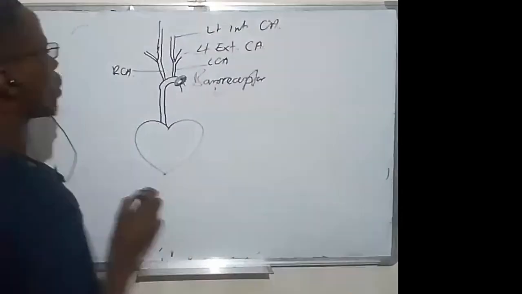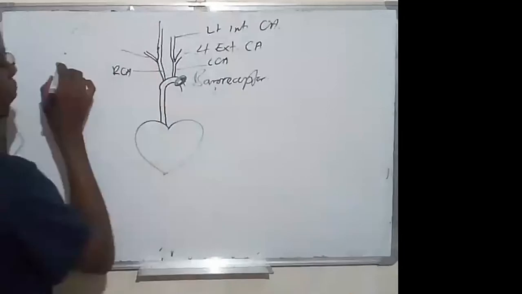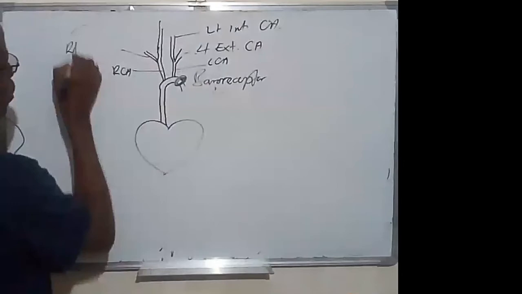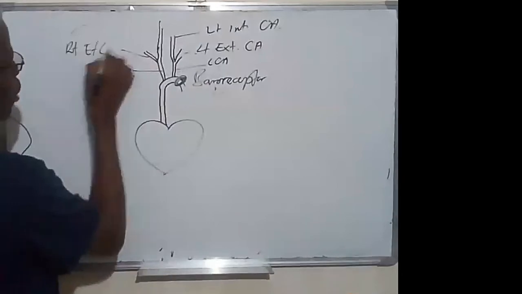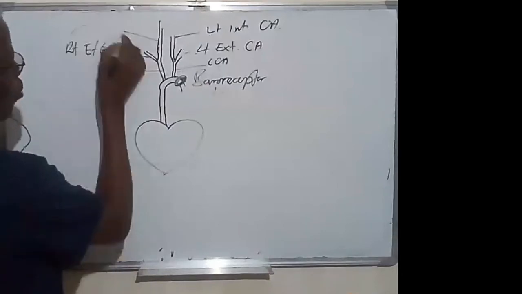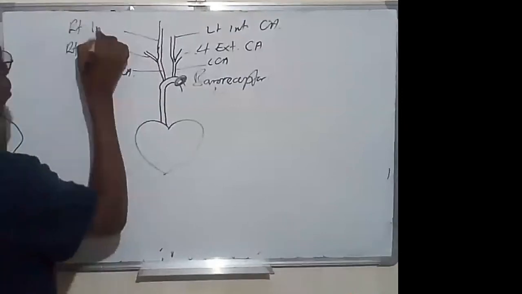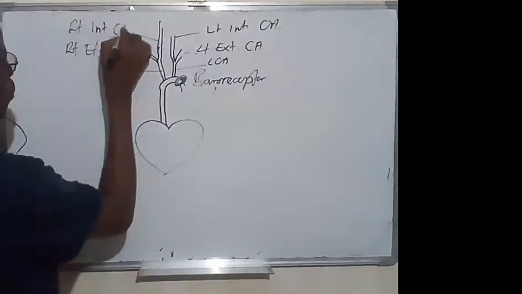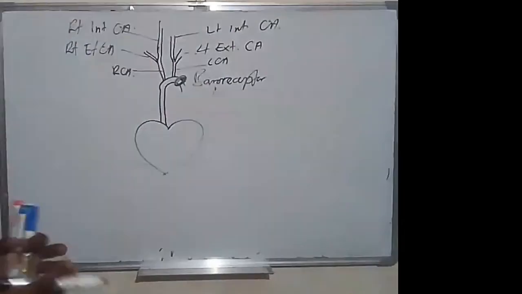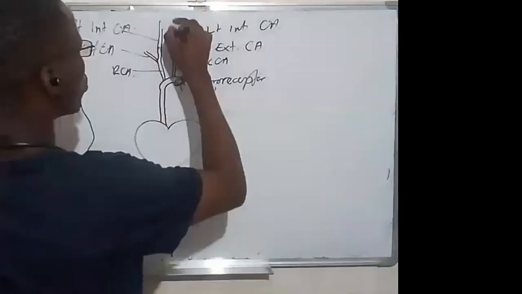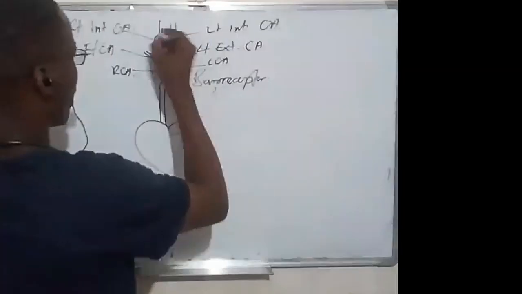This side we have the right external carotid artery. Then we also have the right internal carotid artery. Now, on the internal carotid arteries, we also have baroreceptors there.